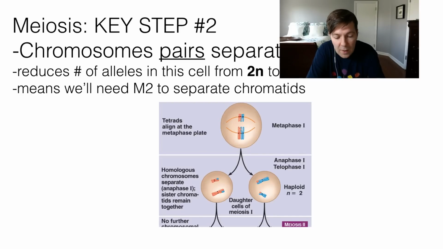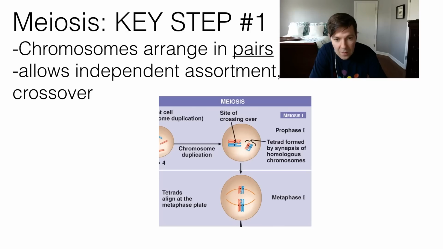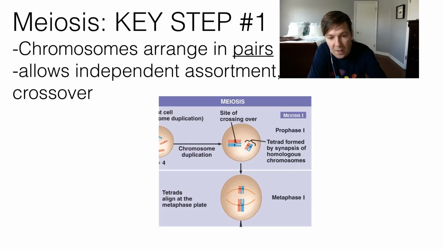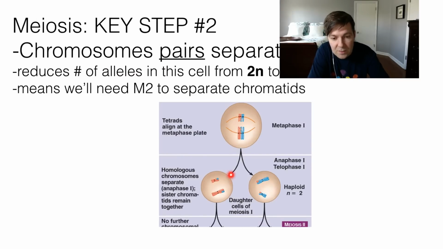So now at the end of meiosis 1, each of these daughter cells has half the number of chromosomes it started with. We started with 2 tall and 2 small chromosomes, right? There's my 2 tall, there's my 2 small. And at the end of meiosis 1, each of these daughter cells has 1 tall and 1 small.